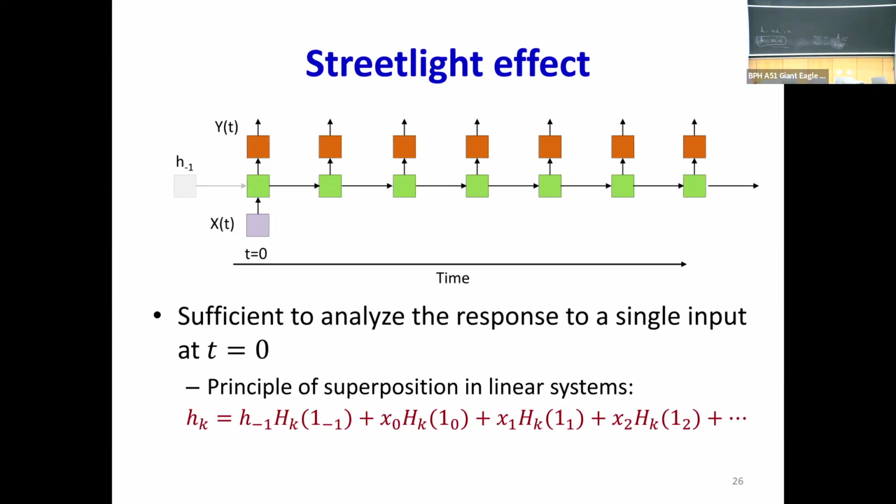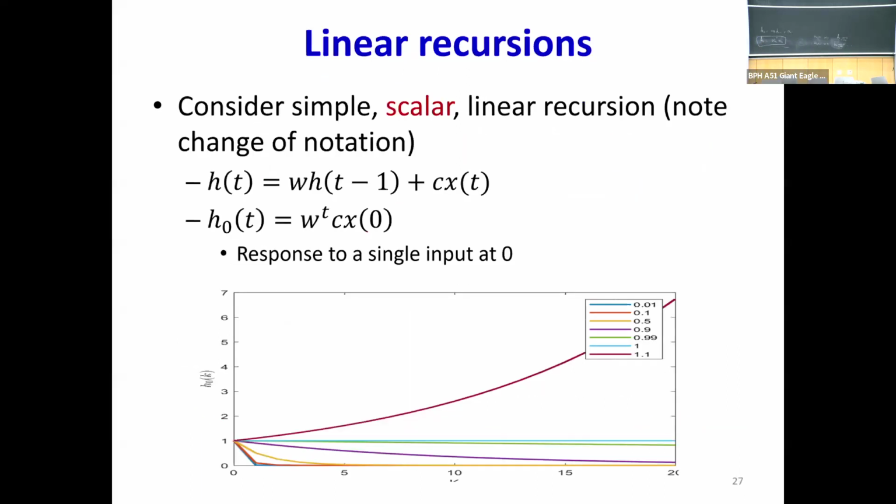Either the system blew up or X was diminished without a trace. And so this is what you're going to find: for a single input at time 0, if you follow the response of the system, it is either going to blow up or it's going to completely disappear. This is for a scalar case.